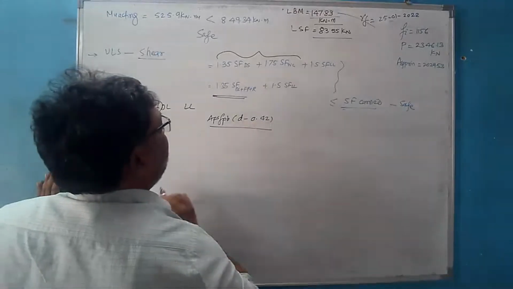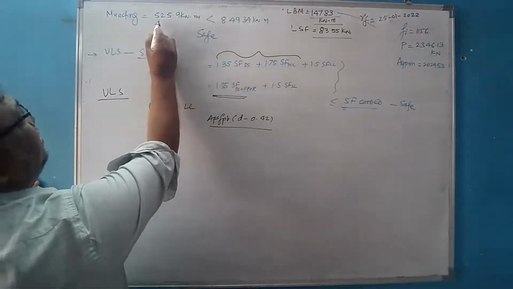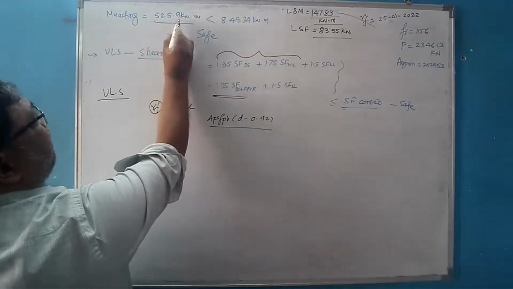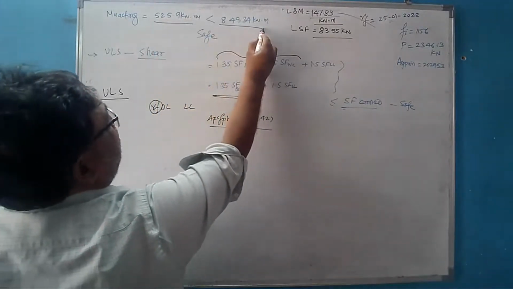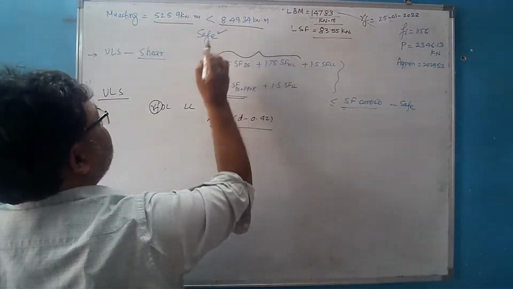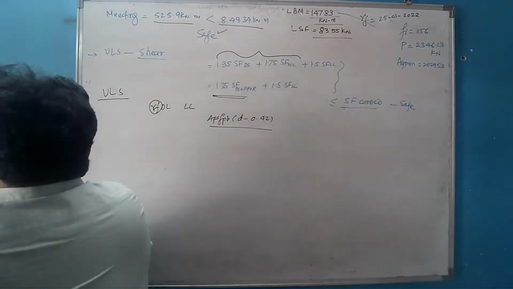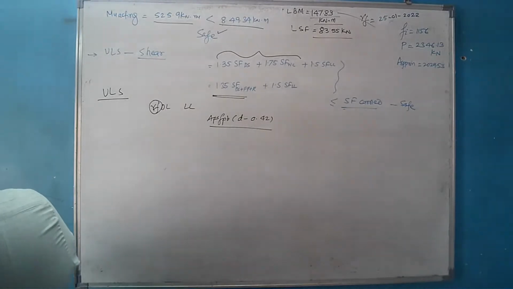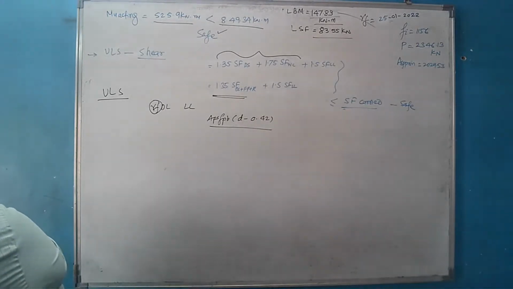It was found that the ultimate moment acting is 525.9, and the ultimate moment of resistance was 849.34, and it was found that it is safe in the ultimate limit state of flexure.